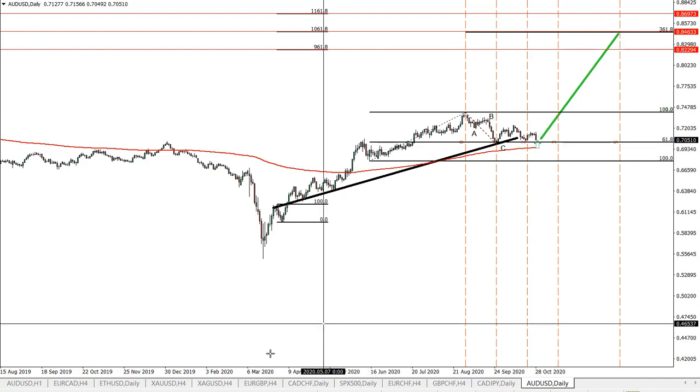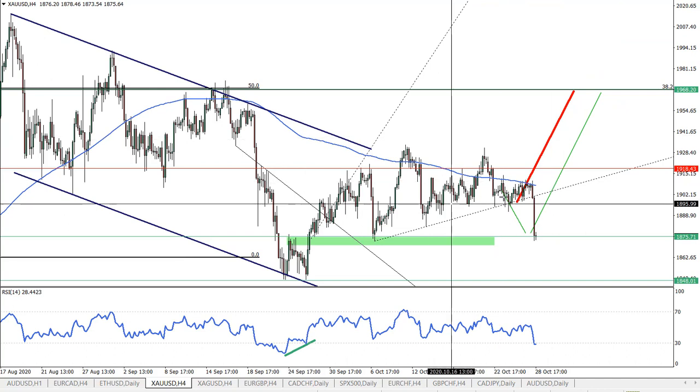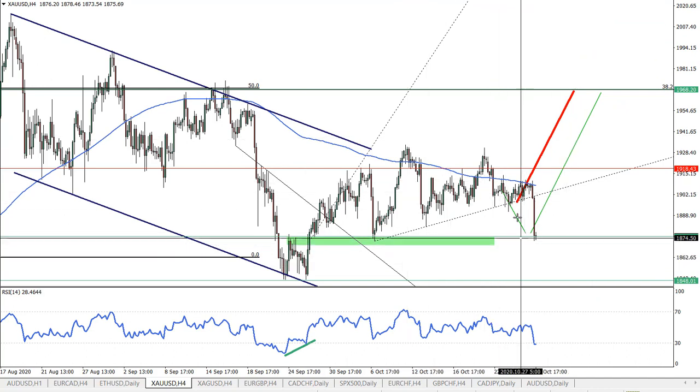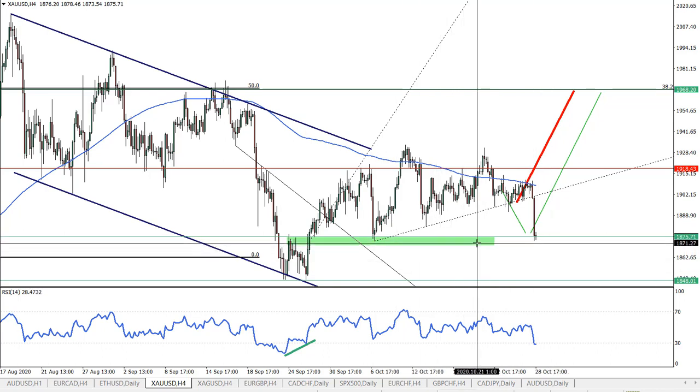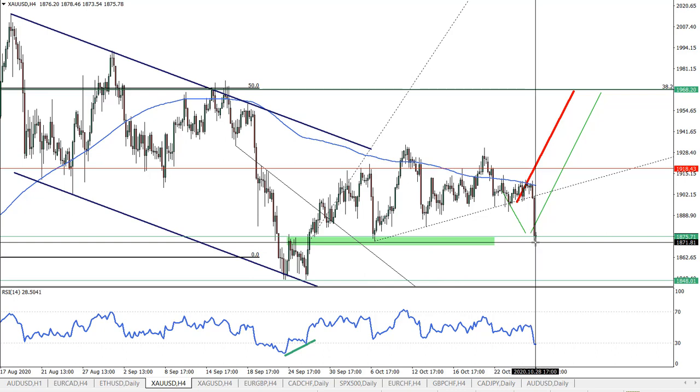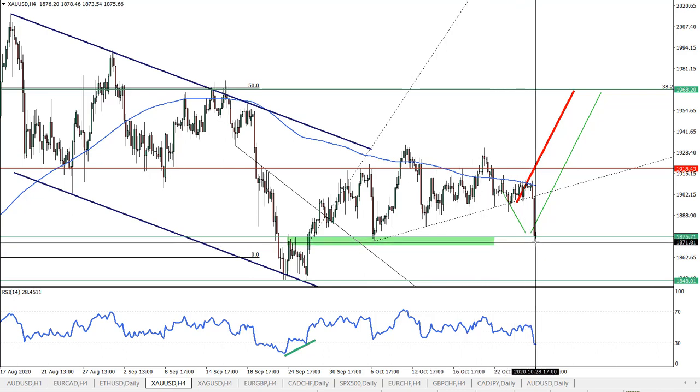Probably I would like to get to the gold chart we had previously. On the gold, guys, this is one of the scenarios that I did expect, and it's actually happened. This was the key support, and I said that most probably buyers will be waiting for this sort of move and this sort of price around here, because this will be the ideal entry for the long run.